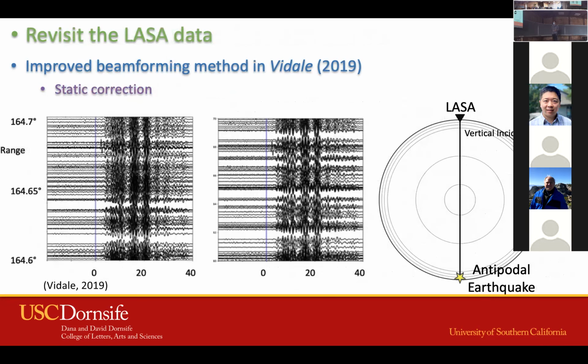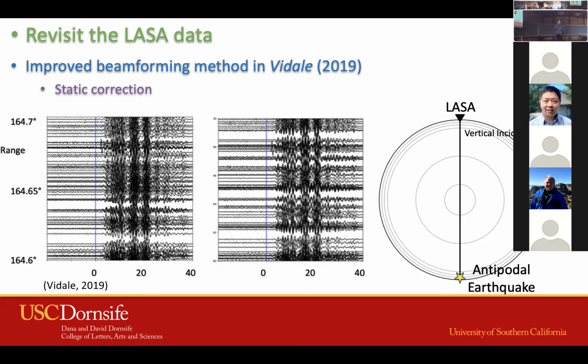Recently, about two years ago, there was another study by John Vidale. He realized we can align the seismic waves using antipodal events. For an antipodal event, the waves should arrive at the LASA array almost at the same time, but when we check the seismograms, of course, they don't.